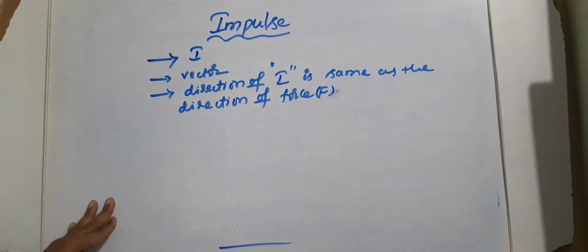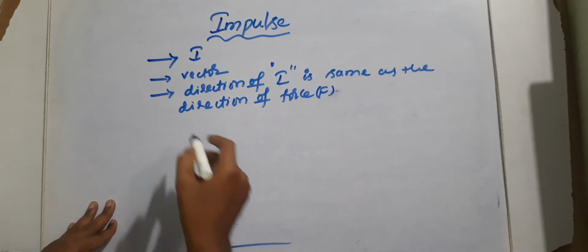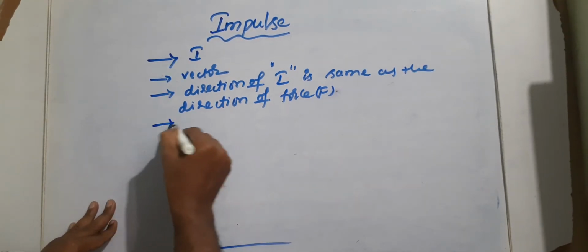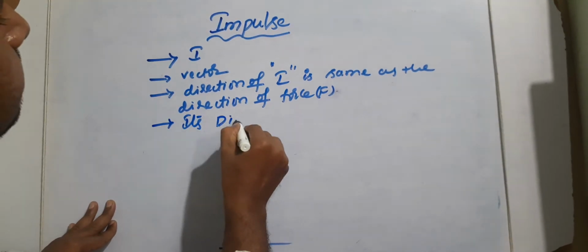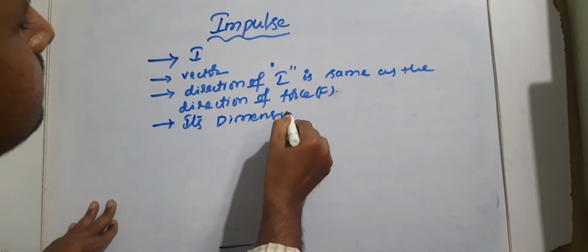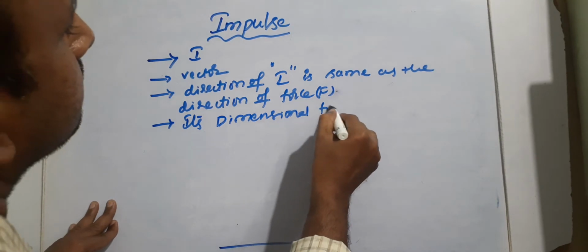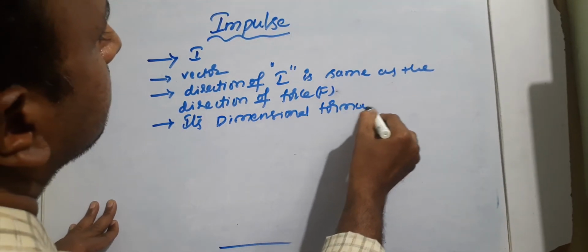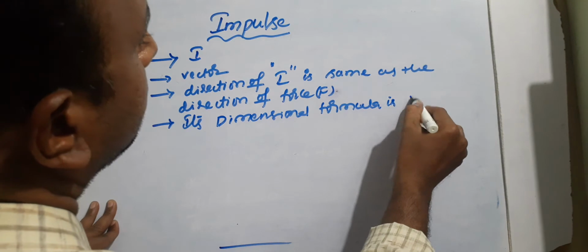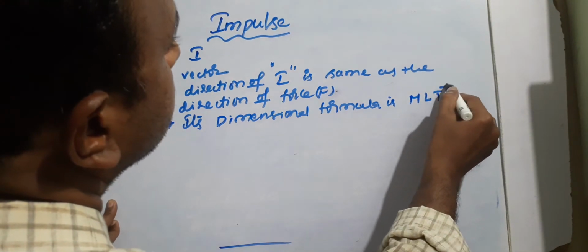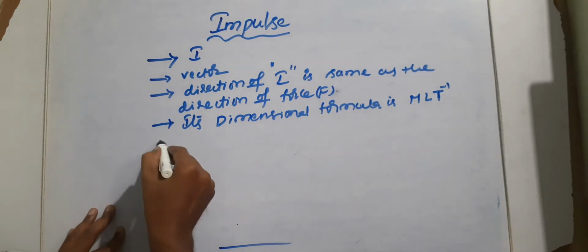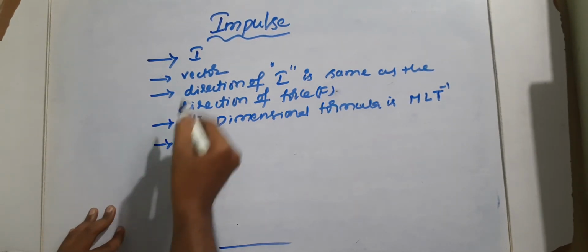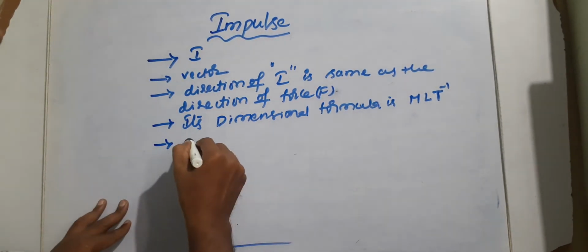The direction of impulse is same as the direction of force. It is a vector quantity. Its dimensional formula is M L T power minus 1. Dimensional formula of impulse.